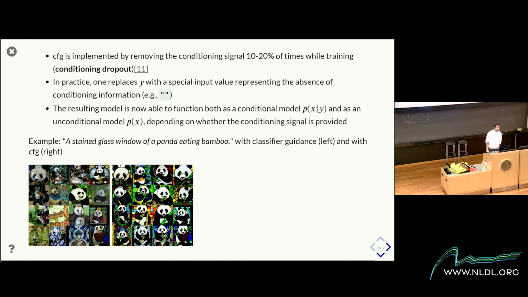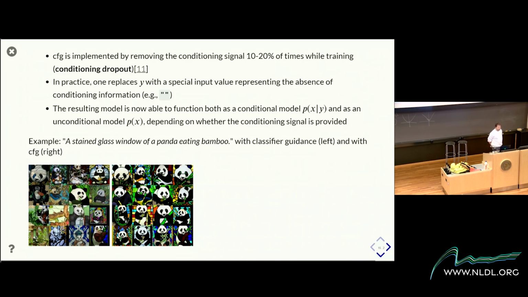And another thing is that this classifier-free guidance is quite easy to implement. It can be obtained by removing the conditioning signal 10-20% of the time while training. This procedure is called conditioning dropout. And again, it's quite simple to do, because in practice the only thing that we have to do is replace our y, the string that we use for conditioning the generation, with an empty string some percentage of the time.